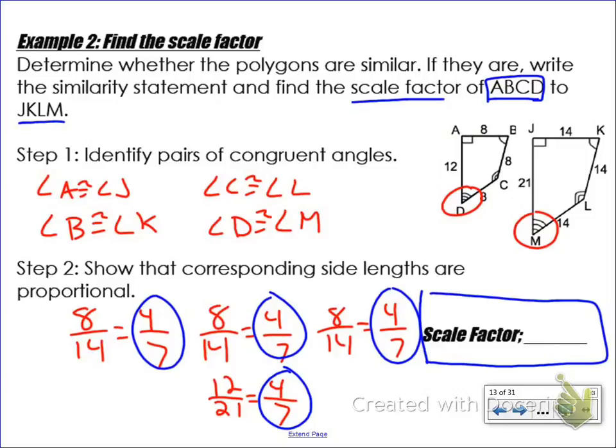So your scale factor is going to be 4 to 7. Now you can write that like this. You can write it like a fraction. Either way works. A lot of times with scales we write it as a colon, 4:7, as 4 to 7 for the scale factor. Okay. Again, if I write 7 to 4, that's wrong because it's giving me the instructions to do ABCD to JKLM, which means the number relating to ABCD has to come first.